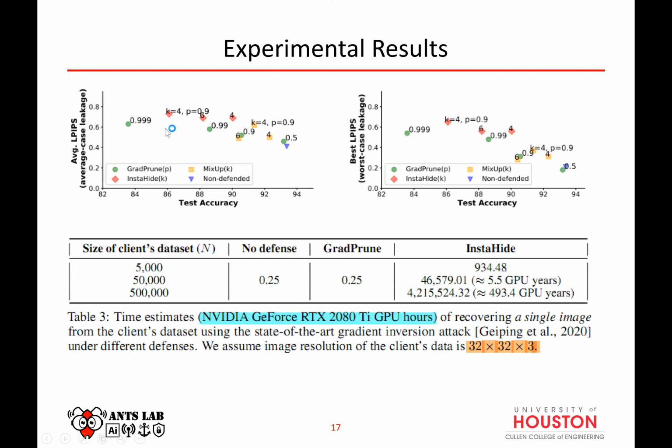Because if this value is higher, that means the recovered image is more similar to the real trained image. Yeah. If it's pixel to pixel, it doesn't necessarily mean that from the feature point of view it's the same, right? Pixel to pixel you can be significantly different, but after you run the learning model, the features you extracted are probably very similar.